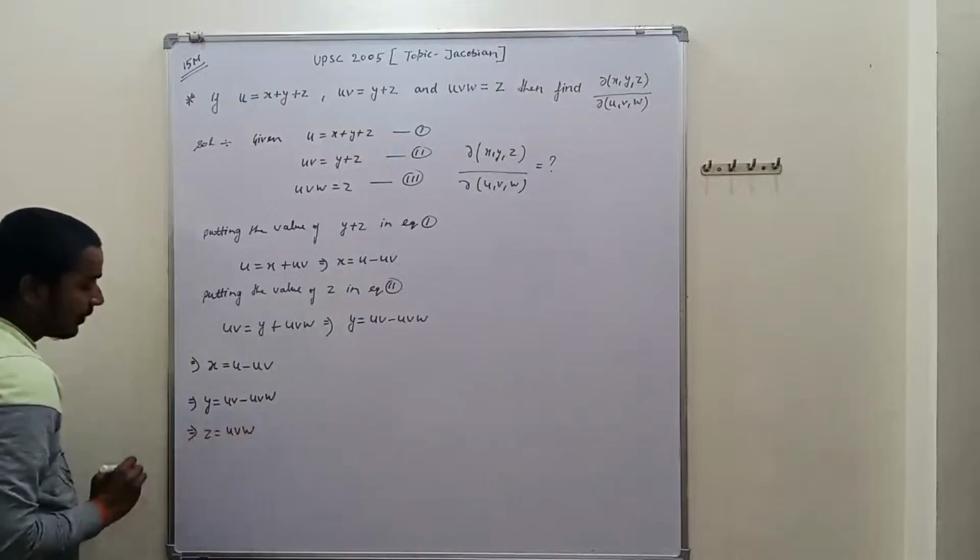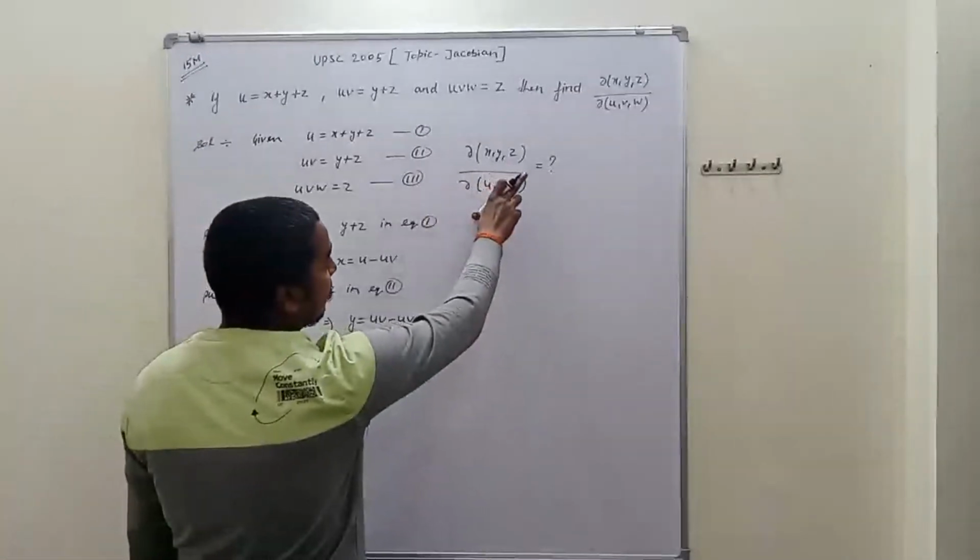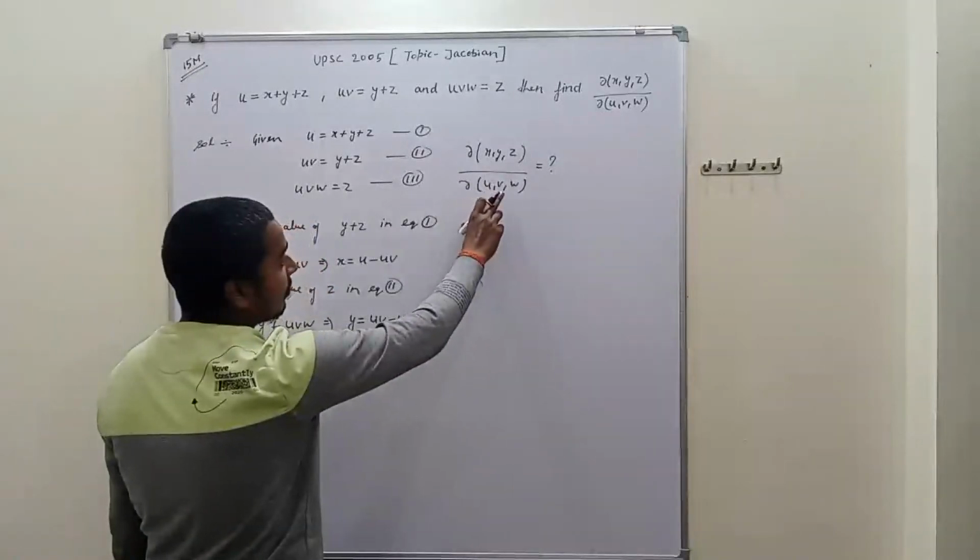Further we have to solve del of x comma y comma z upon del of u comma v comma w.